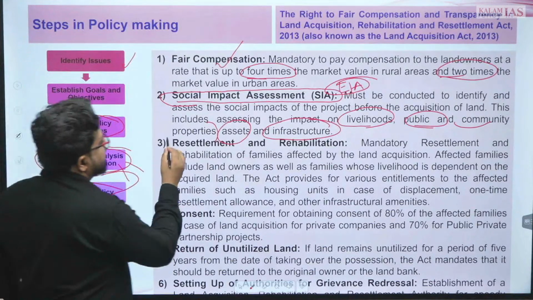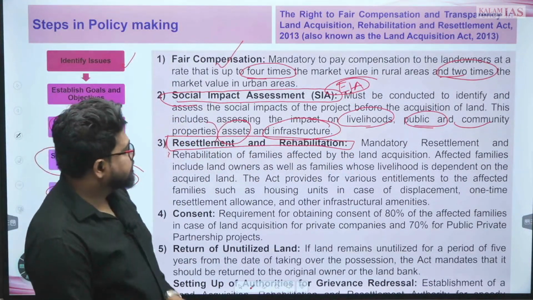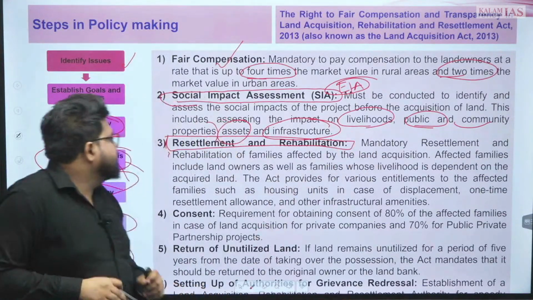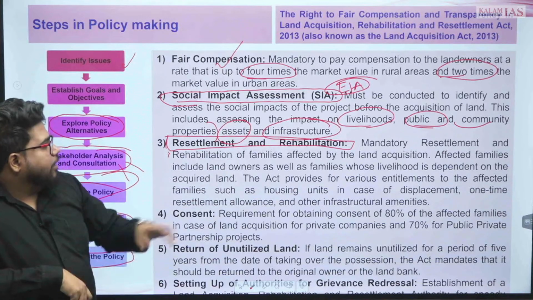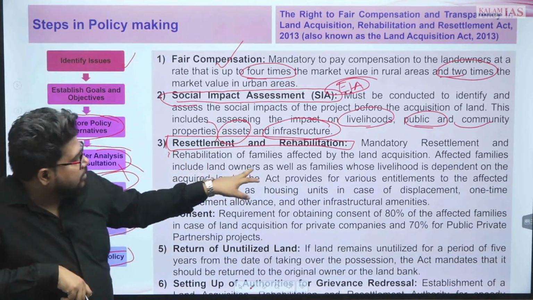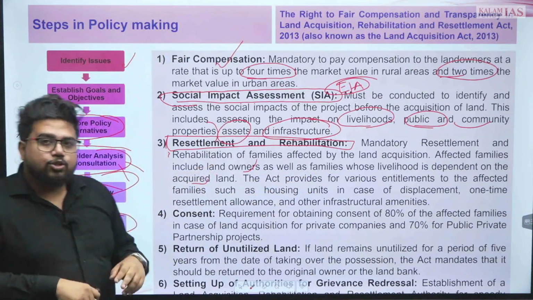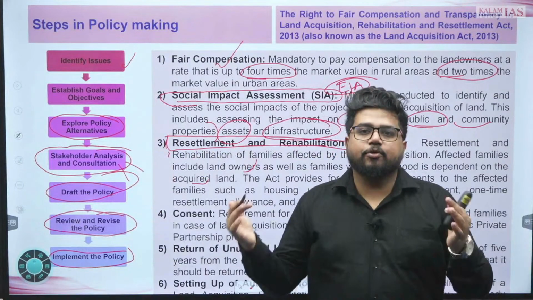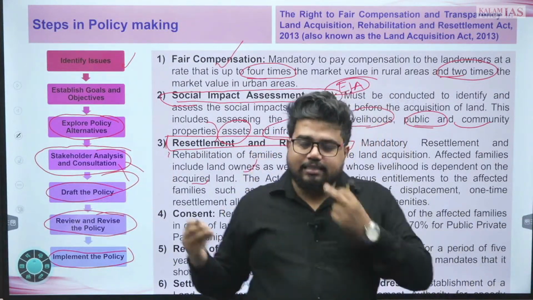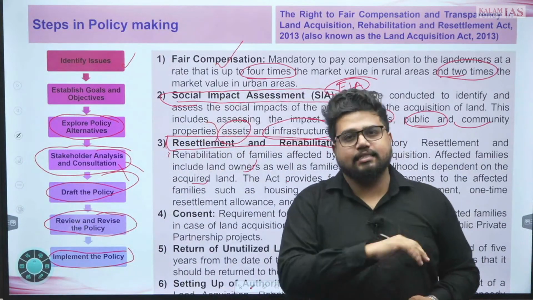Similarly, resettlement and rehabilitation: what provisions can you provide? Mandatory resettlement and rehabilitation of families affected by land acquisition. Affected families include landowners and families whose livelihood is dependent on the acquired land. Many times landowners will be a certain number of people, but more people will be dependent on this land for generations.